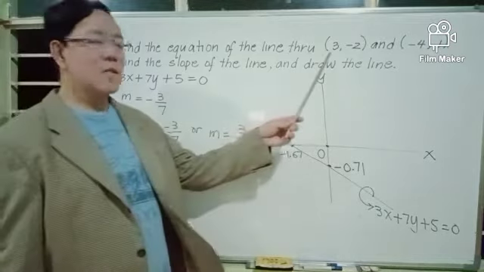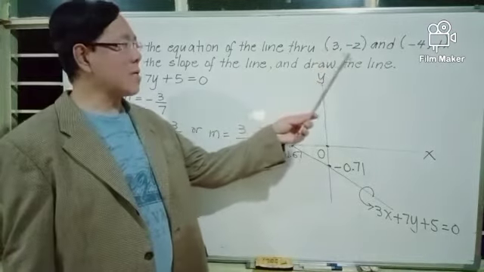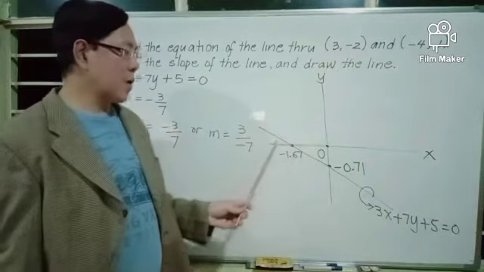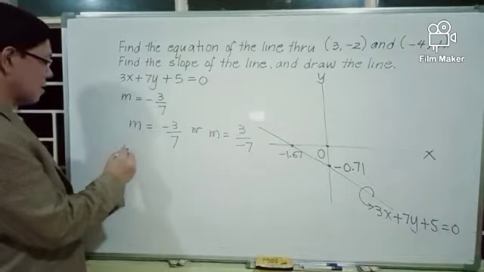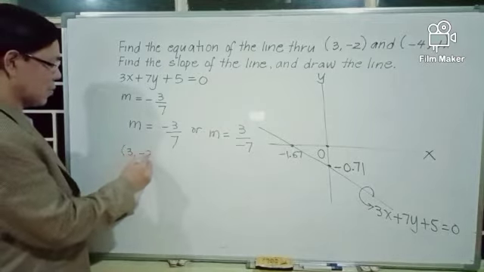Let us consider this point 3, negative 2, which is a point on this line.